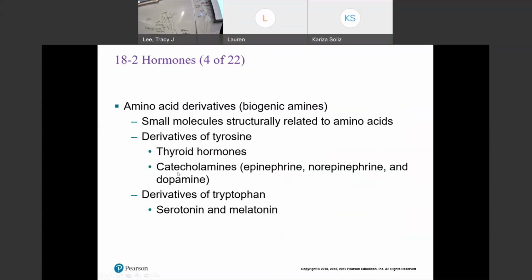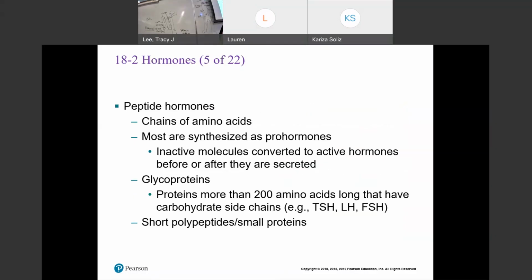All right, so some of your amino acid hormones are your thyroid hormones. Serotonin, melatonin are amino acid hormones. Peptide hormones, again, these are also protein-based hormones. So can they absorb right through the cell membrane? No, they have to have a receptor.